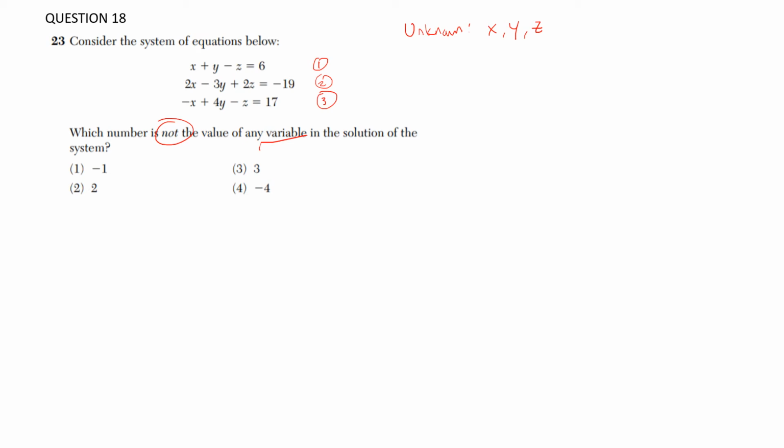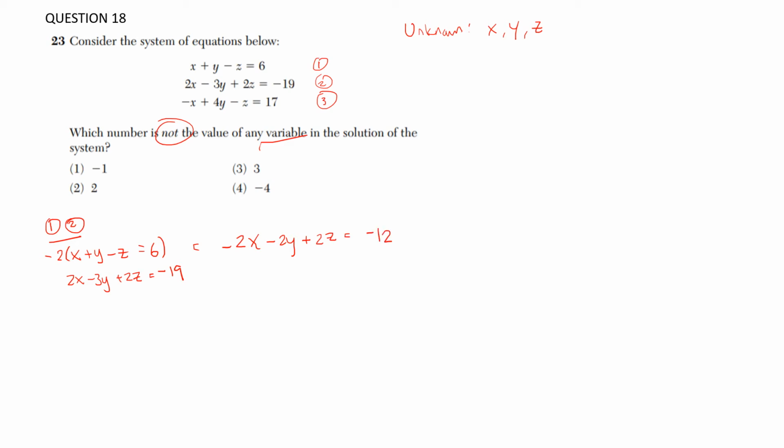So we can use an elimination process using equations 1 and 2. We have x plus y minus z equals 6, and 2x minus 3y plus 2z equals negative 19. Now, what's very convenient here is if I multiply the first equation by negative 2, I'm going to get negative 2x minus 2y plus 2z equals negative 12.